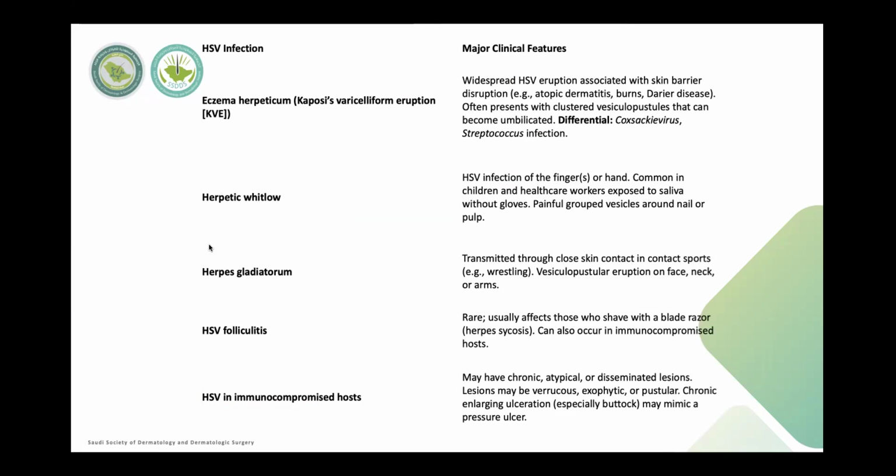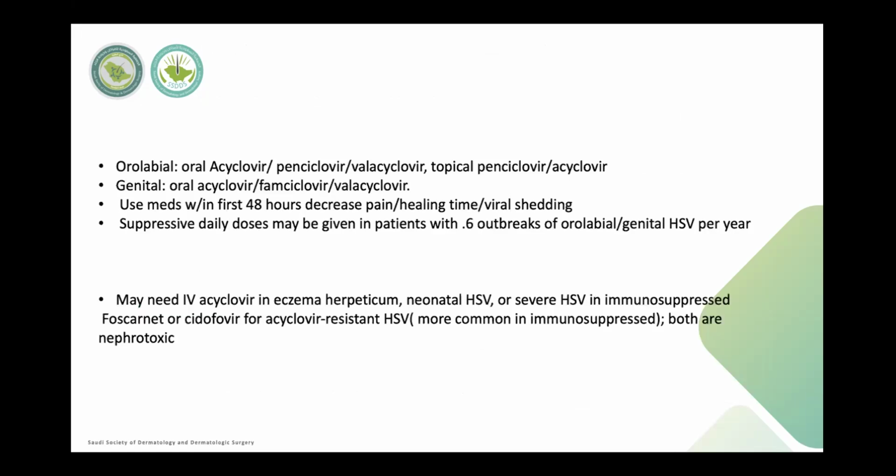Herpetic whitlow, we talked about it, gladiatorum and immunocompromised. Also, herpes simplex virus is responsible for other types of infection like encephalitis, very severe keratitis, like the eye infection, and also it can cause infection in the newborn, like ulcerations or congenital.